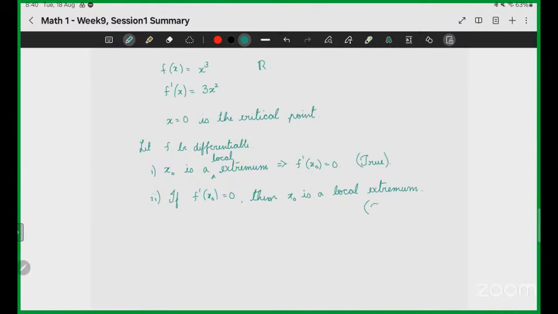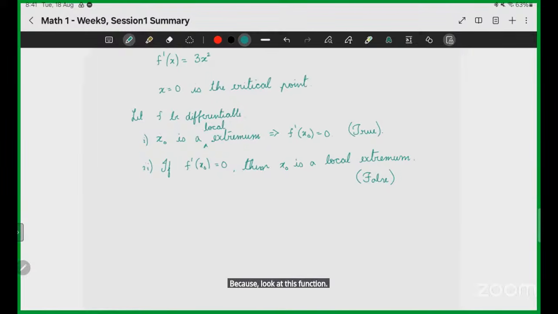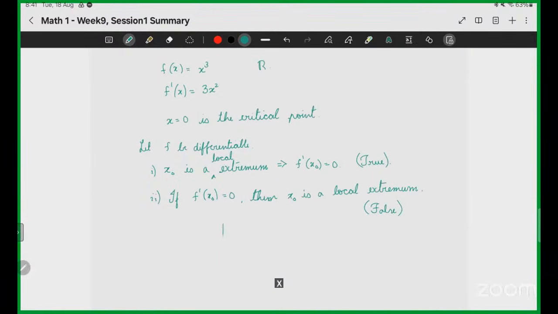The answer is no, because look at this function f of x is equal to x cube. The function looks something like this. Look at x is equal to 0. Is it a local maximum or a minimum? None.